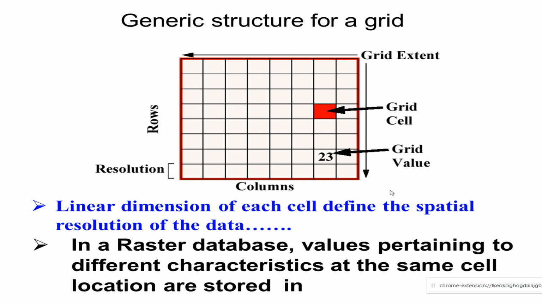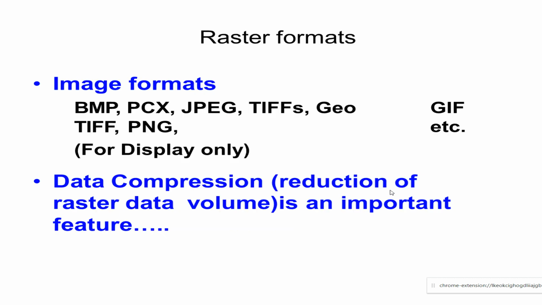Each individual single unit is called a grid cell, and each grid cell has a value allocating a feature, as I told you in my previous slide. The linear dimension of each cell defines the spatial resolution of the data. In a raster database, values pertaining to different characteristics at the same cell location are stored.